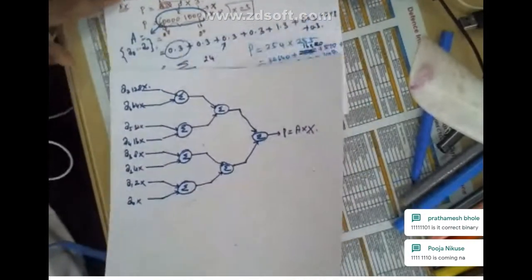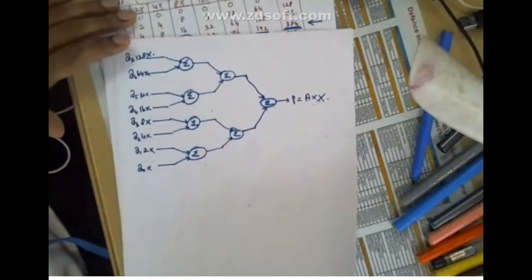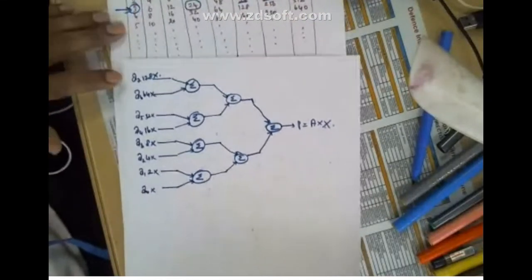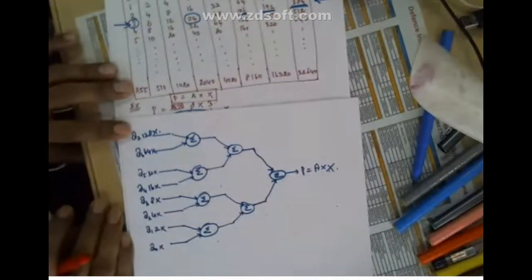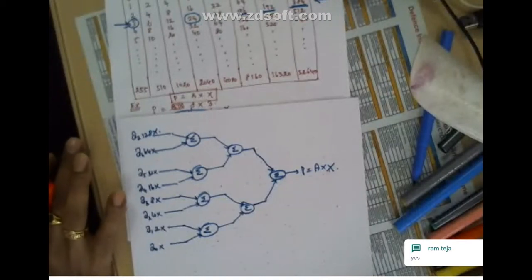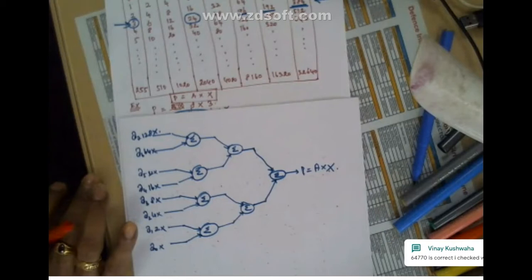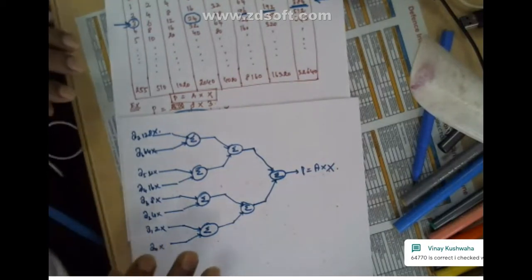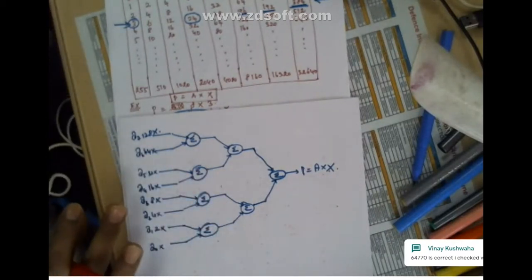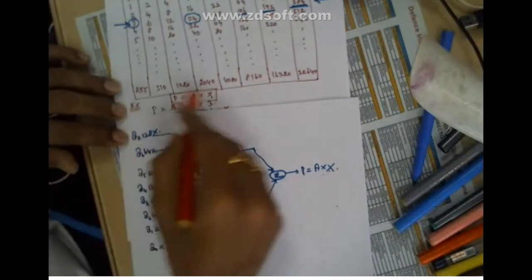From our previous example, we came to know that this table consists of all the possible values, right? Because the value of A and the value of X is not in our hand. Therefore, the table should have all the possible values.